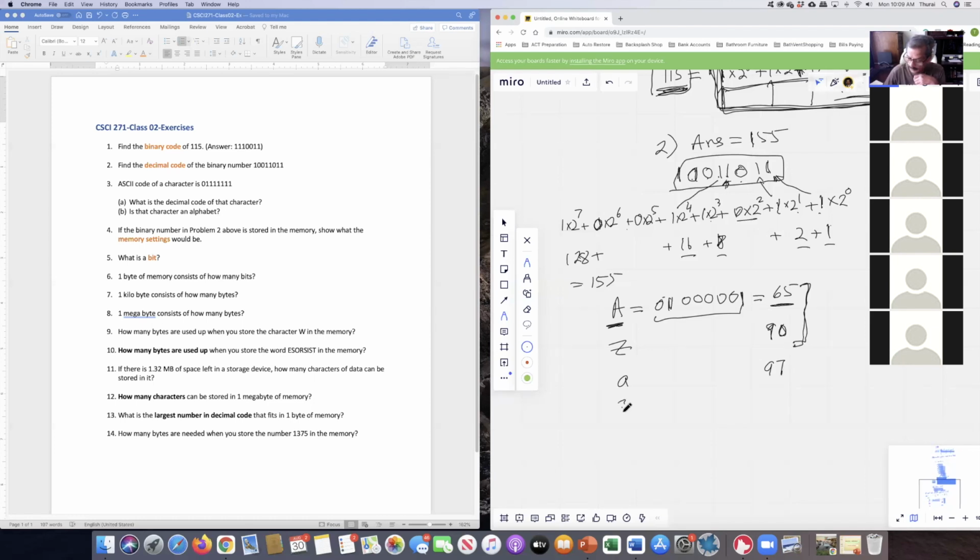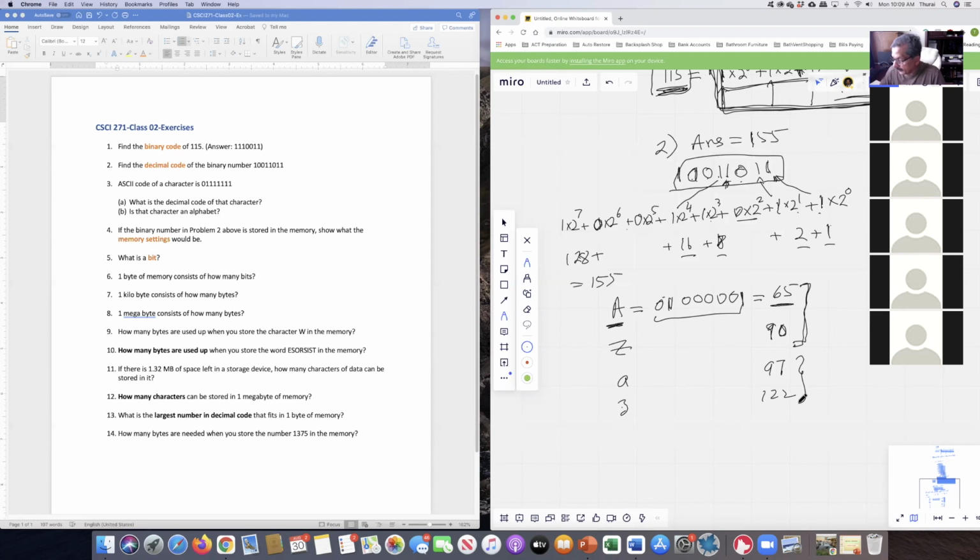And lowercase z corresponds to 122. So these numbers 97 to 122 are considered to be the decimal codes of lowercase characters a through z.